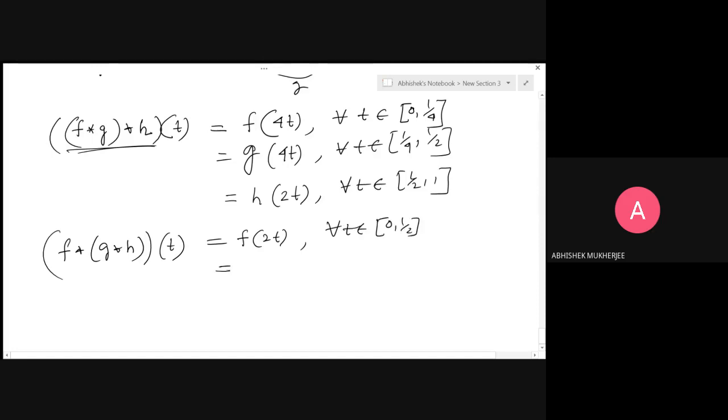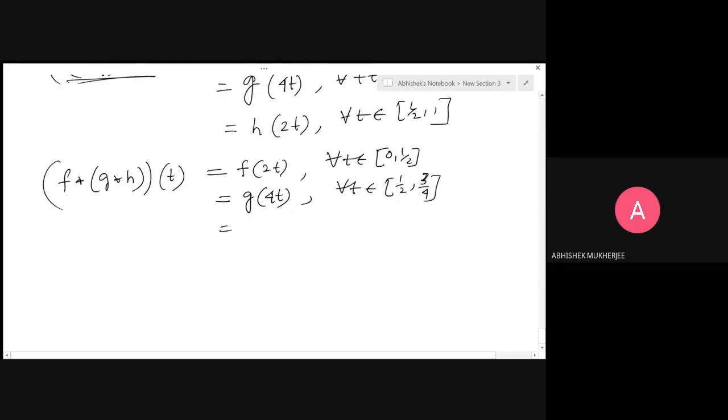The second one we define as g of 4t for all t belonging to half, 3 by 4, and the third one will be like the above, h of 4t, from 3 by 4 to 1. So these are the definitions of f star (g star h) and (f star g) star h.